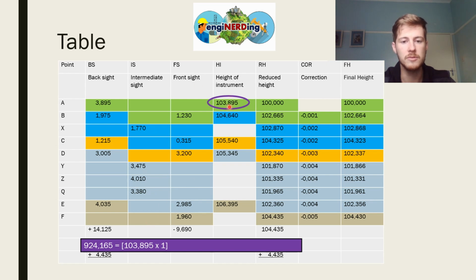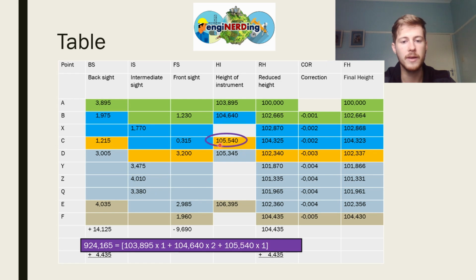Our first height of instrument is 103.895 times the number of intermediate sights and foresights in that setup. In this case, there are no intermediate sights, only one foresight, so we say times 1. For the next one, we use 104 times 2 because there's one intermediate sight and one foresight, so there are 2 values there.